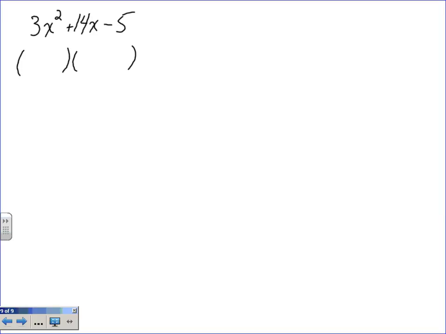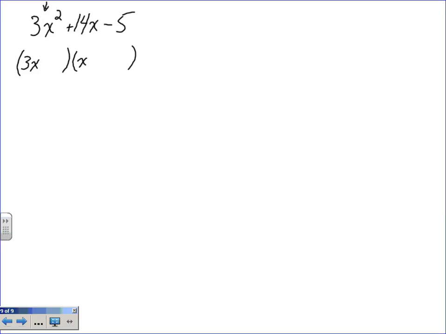Well, we're going to work, and then we'll set it equal to 0 afterwards. First of all, let's get the 3x squared. Let's get the first one. That one's fairly easy because the only thing it could be is 3x times x. 3x times x is 3x squared. Now 5.